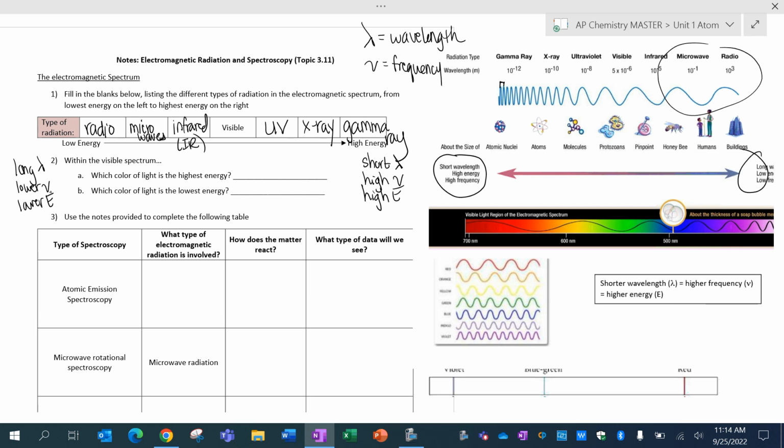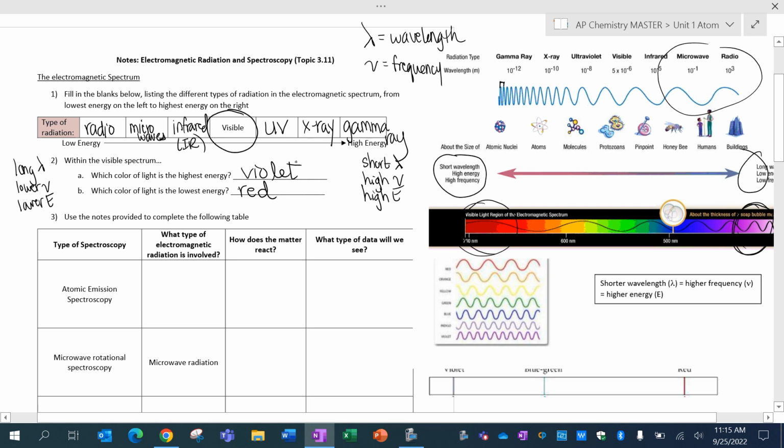Within the visible spectrum, you can break it down even further and look at the different colors of light. Notice how the red light over here has longer wavelengths, and that's lower energy. So the lower energy light is red. And over here, we've got higher frequency, shorter wavelength. That's your violet light, and that's the highest energy form of light there.